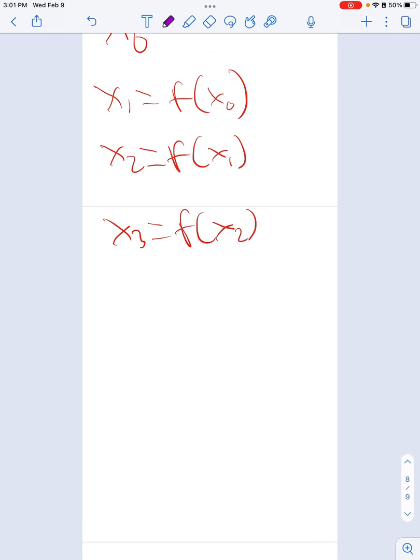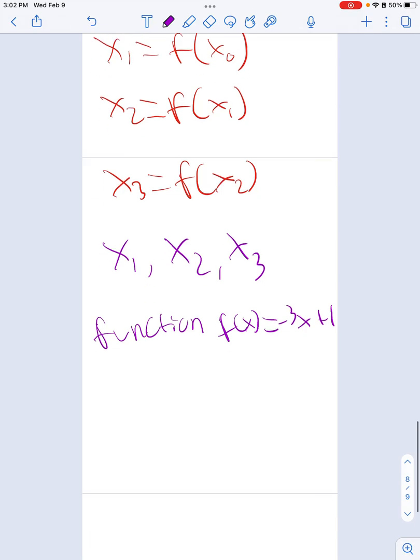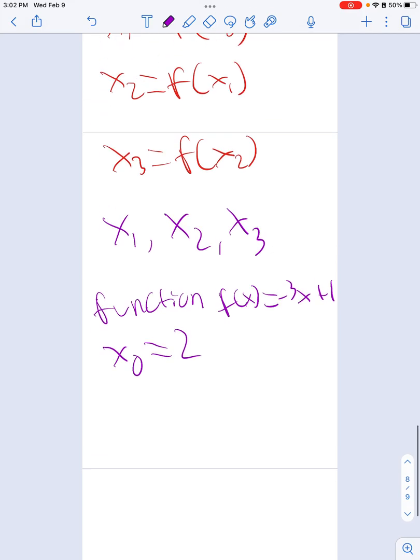So let's go ahead and do this last example here: find the first three iterates, x1, x2, and x3, of the function f of x equals negative 3x plus 1 for an initial value of x sub 0 equals 2.